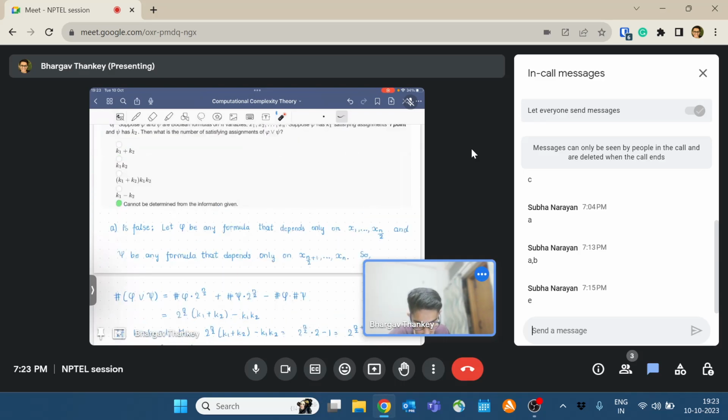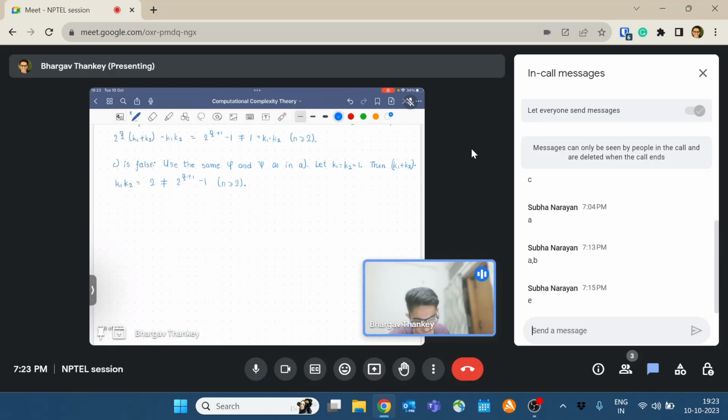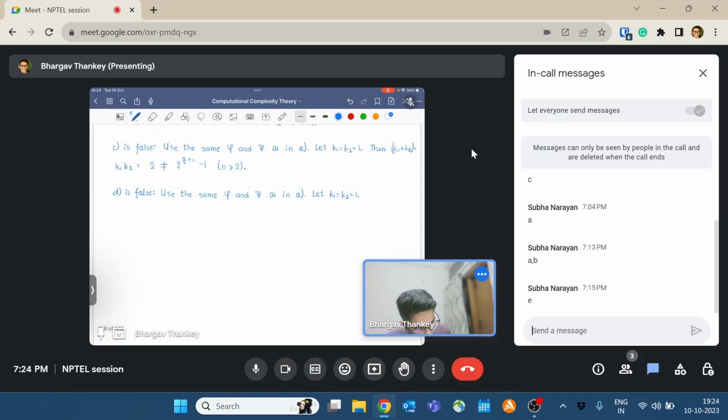What about D, K1 minus K2? I think it will be the same again. Okay, let me just copy the entire thing.